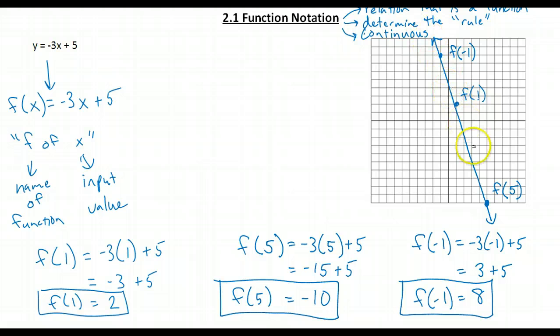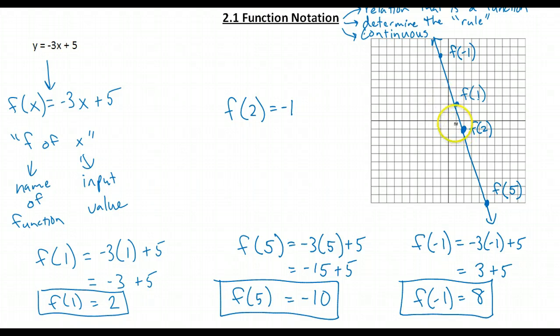Now that I've made my function continuous, I can use this continuous function to predict other values for the function. If I want to determine f of 2, I can use my graph. If I input 2, my output is going to be negative 1.